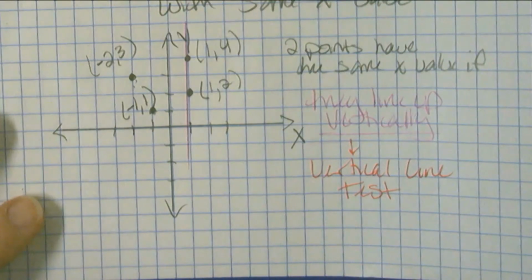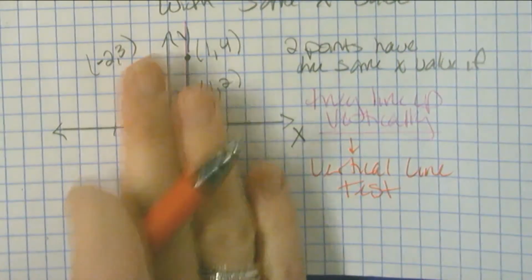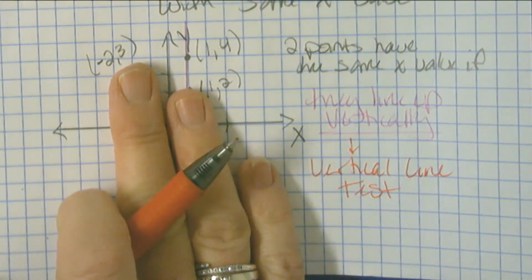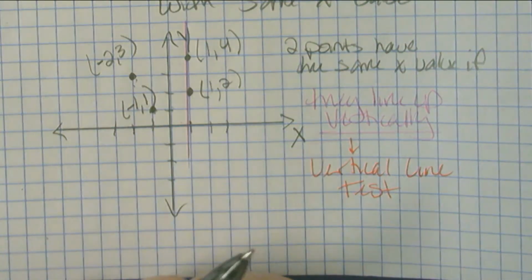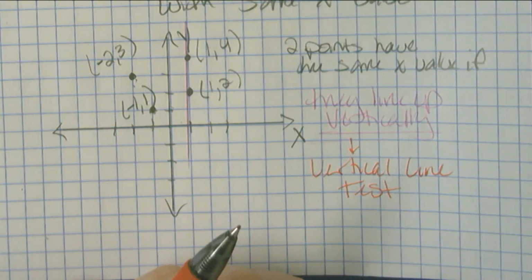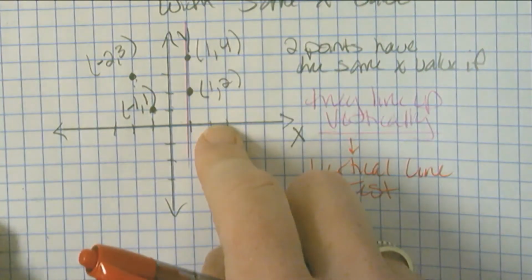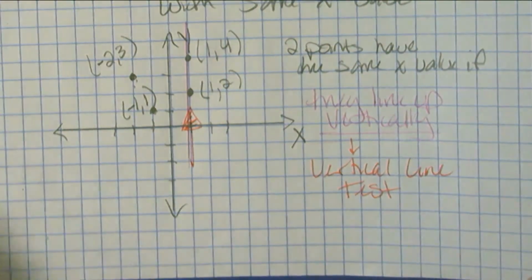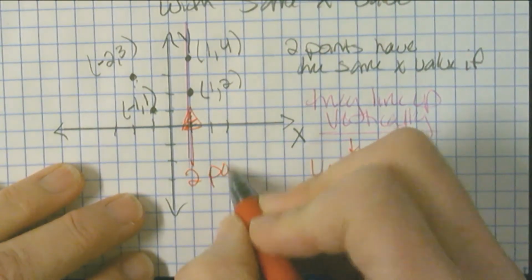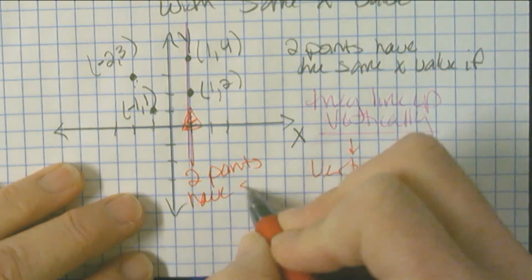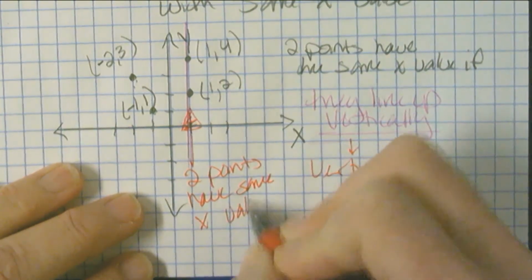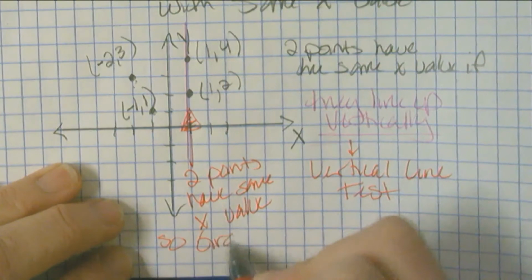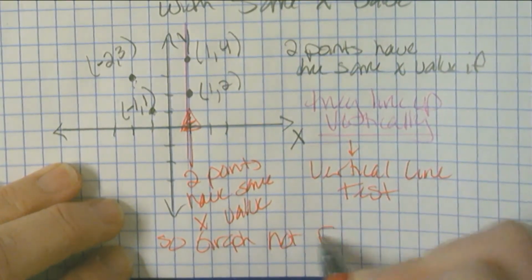Serena? How many of you agree that this does represent a function? Those of you who say no, why does this not represent a function? Blythe? Yeah, these 2 line up vertically. So these 2 points have the same x value. So, graph, not a function.